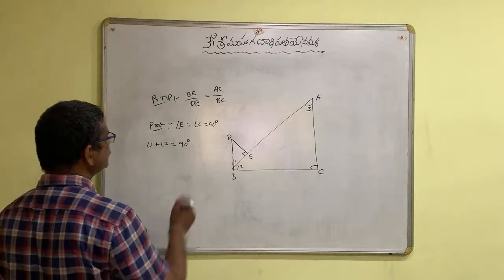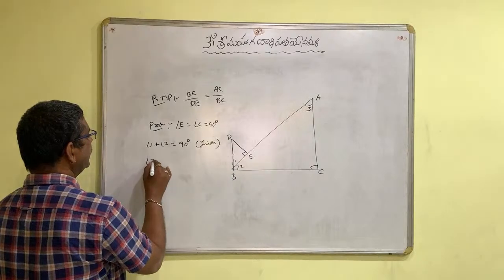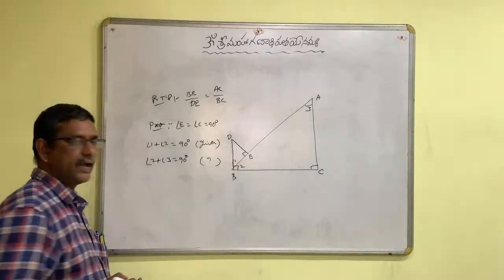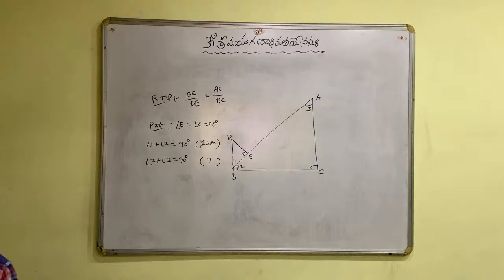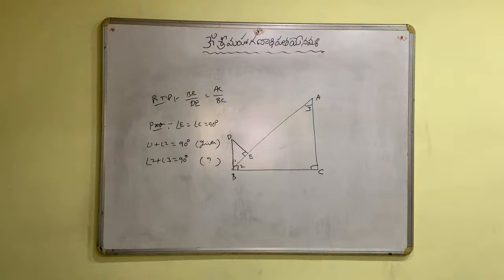In the same way, which is given, we know angle 2 plus angle 3 is also 90. Why? You have to say the reason. Why is angle 2 plus angle 3 90? Angle 1 plus angle 2 is 90, which is given already. Angle DBC is 90, given already.